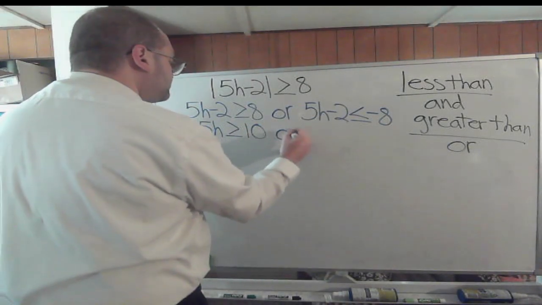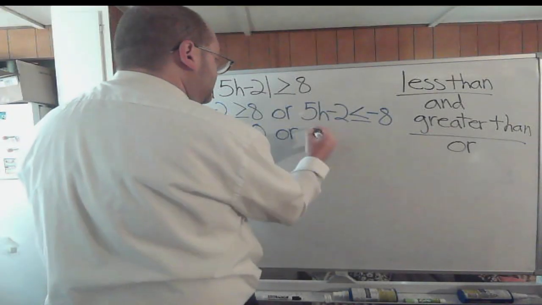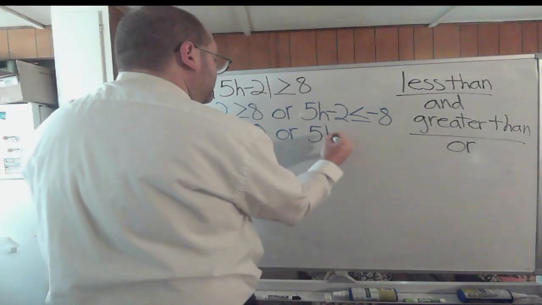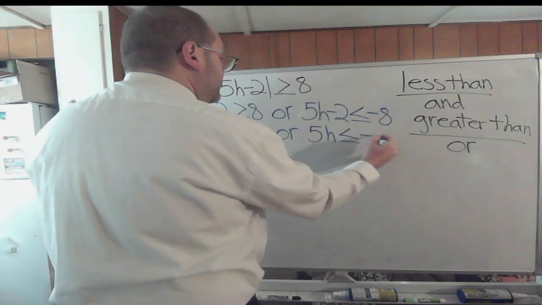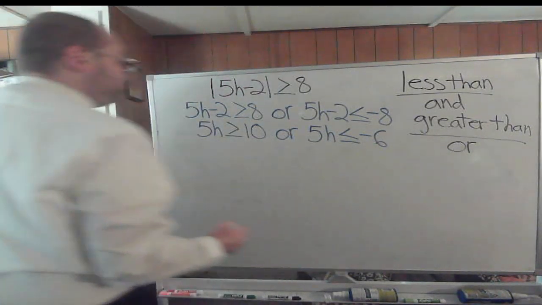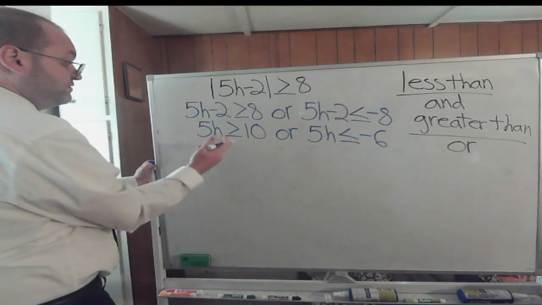Or, now you have 5h minus 2 is less than or equal to negative 8. You would get 5h is less than or equal to negative 6. So then next, to get h, you divide by 5.